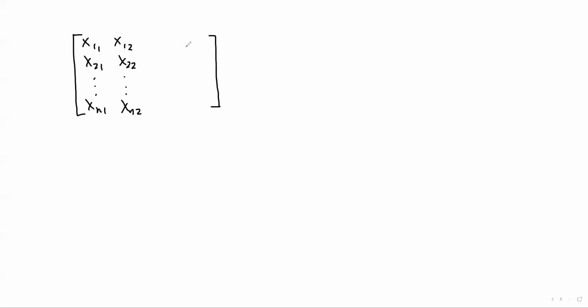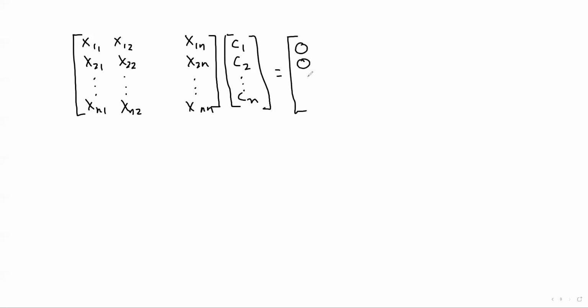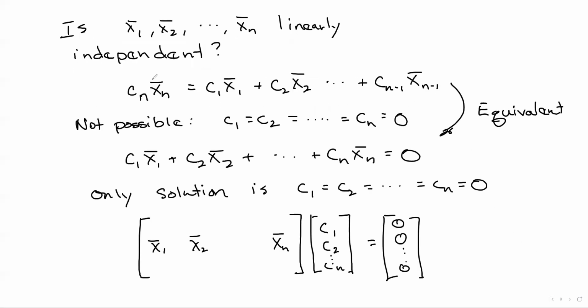And then we'll have the nth one: x1n, x2n, ... through xnn, times c1, c2, ... through cn, equals 0, 0, ... 0. So if we start off here, you take one vector and represent it as the rest, and we want that to not be possible, so this gets the solution. We could take this and say it is the equivalent of that, and then take this and say it is the equivalent of that.